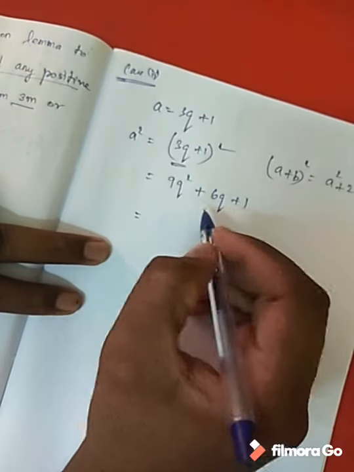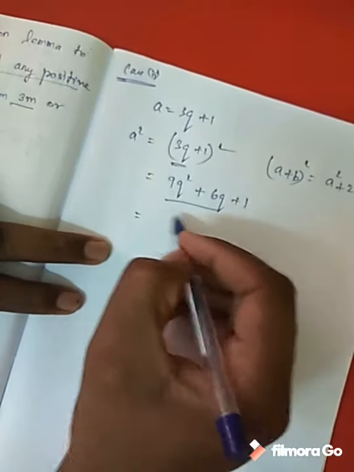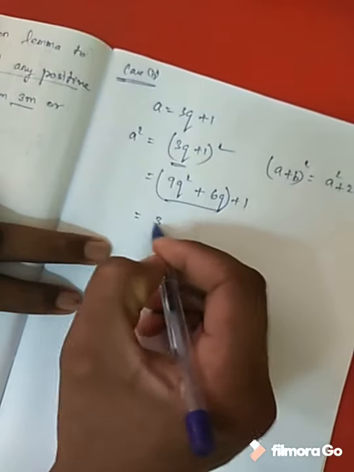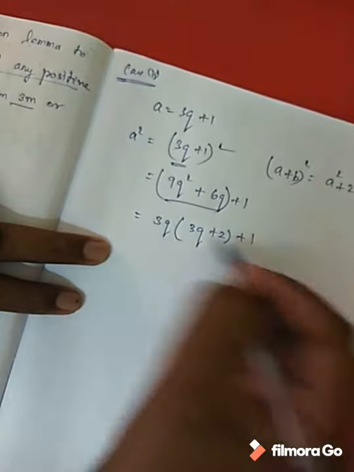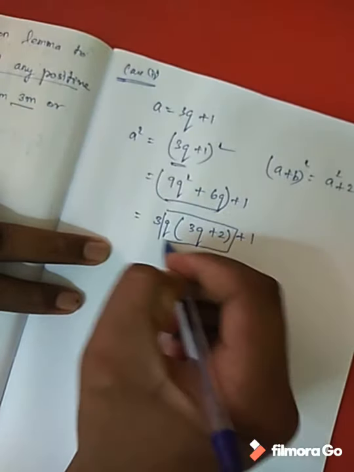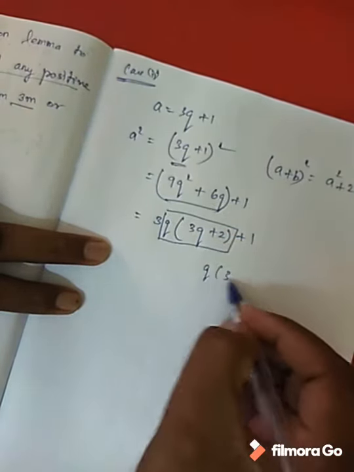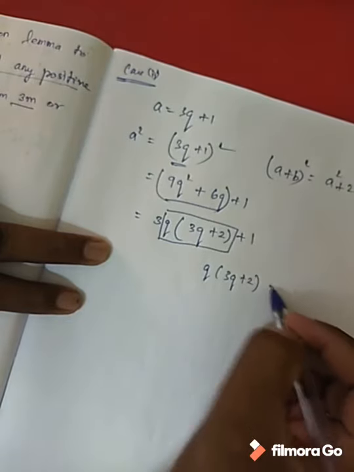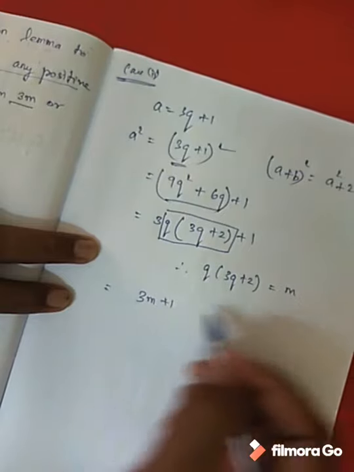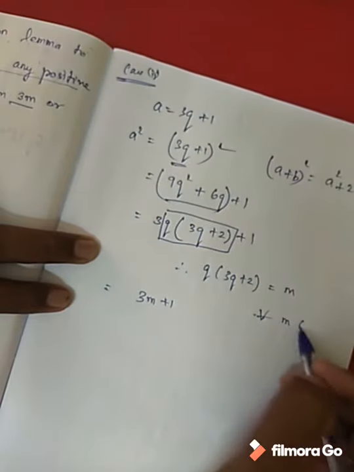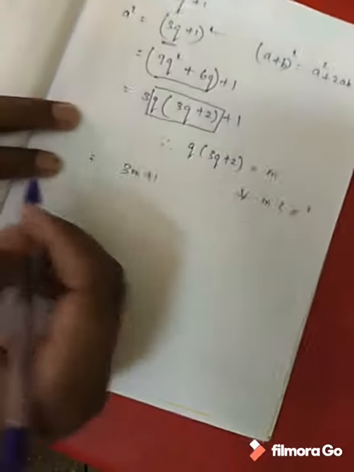I should get the form 3m plus 1. From these two terms, I can take 3q as common. So here q into 3q plus 2, plus 1. I can assume this entire q into 3q plus 2 as some m. So the answer is 3m plus 1, for m belonging to some positive integer.